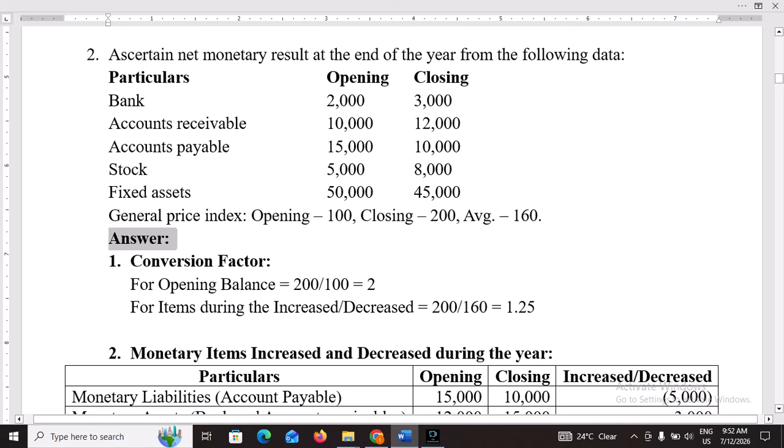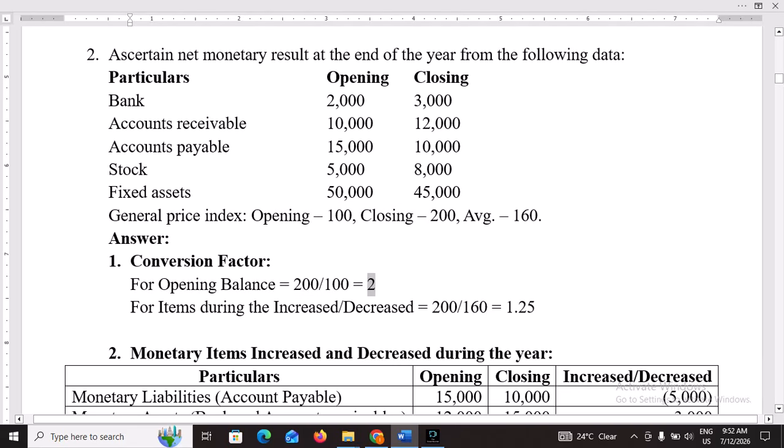First, the conversion factor for opening balance equals the closing index 200 divided by the opening index 100, which is 2.